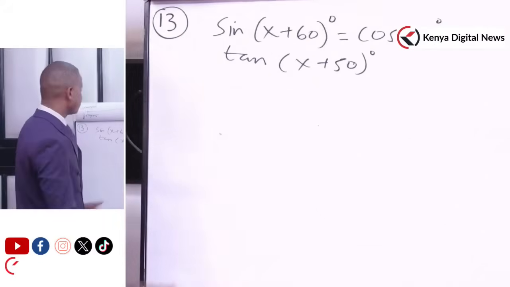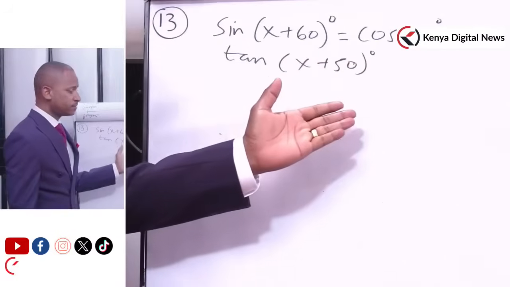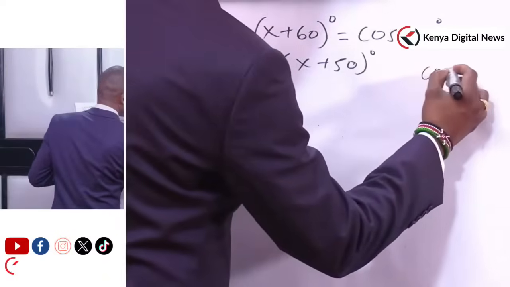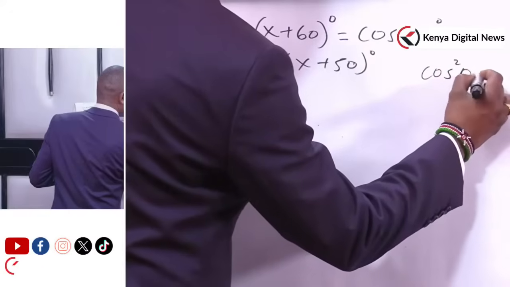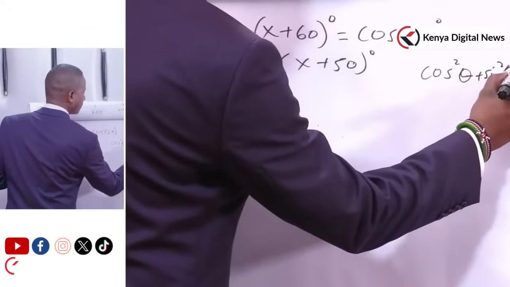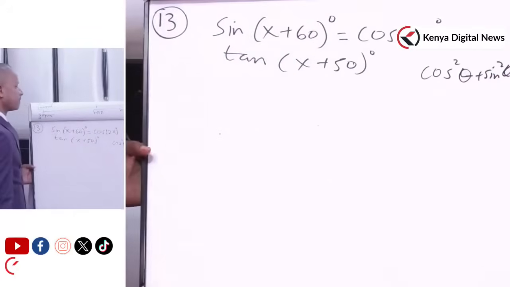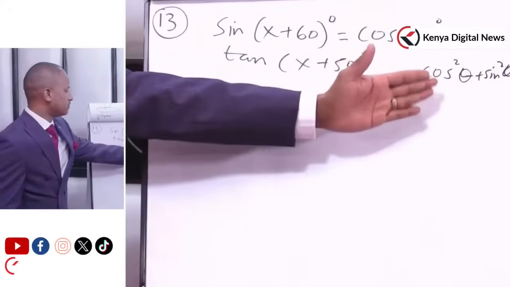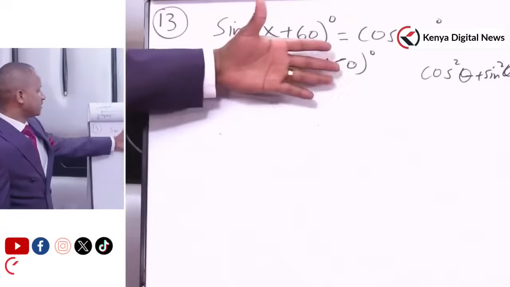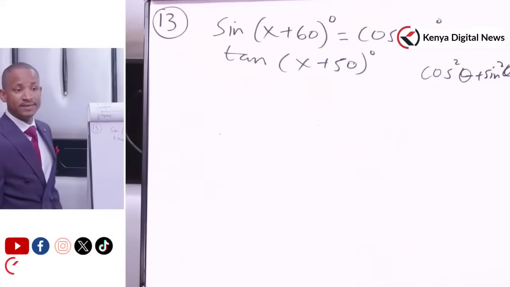Identity triangles. We have the rules for trigonometry, and the first rule is always cos squared theta plus sine squared theta equals 1. This is a rule, but we are not going to apply it here. I'm just giving you everything that can come in this and how you will make the application.